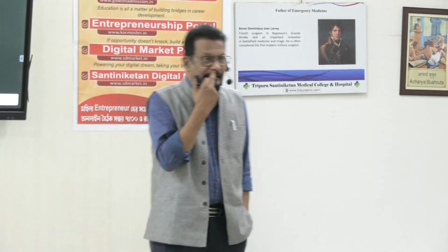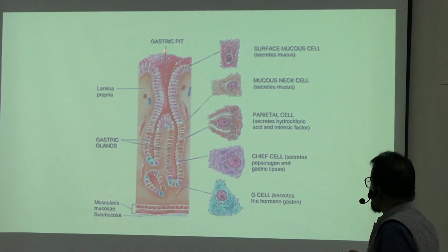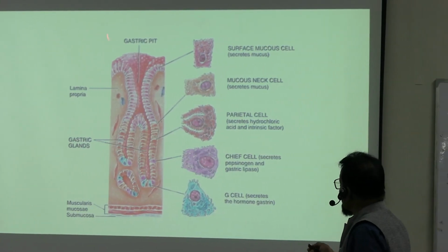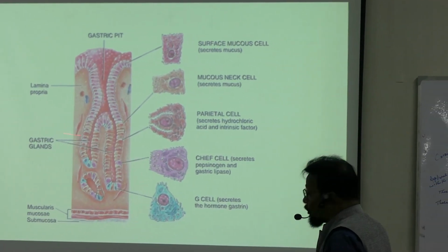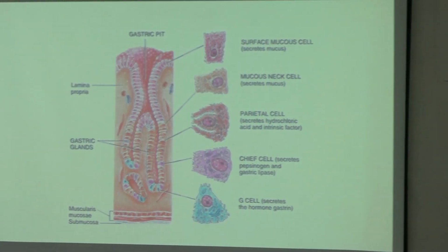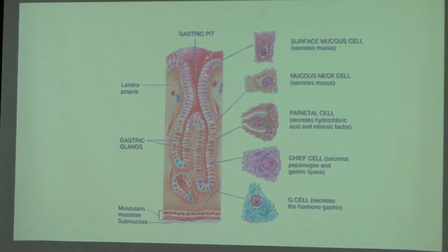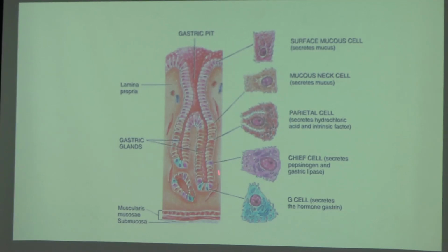Another secretion is there. Hydrochloric acid is secreted by which cells? This is the lumen of the stomach, and you will find some pores. These are the gastric pits. And these are the gastric glands. In a single layer of epithelium, there are different glandular cells.